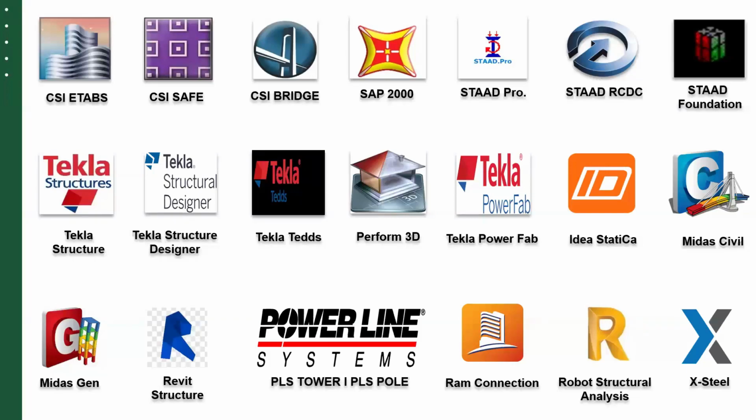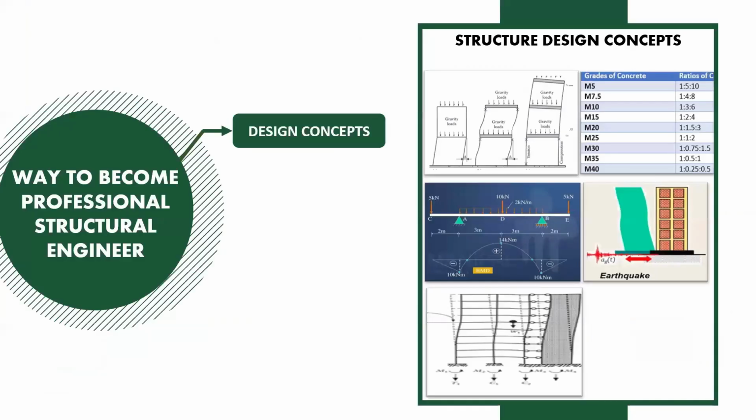So unless you have the knowledge and concept, you cannot go with the software. You cannot properly use the software. You cannot understand the algorithm of the software. What does the algorithm of the software mean? I will let you know later, right? So this is the second important thing, having the knowledge of structural concepts. What does the flexural response of the structure mean? So this is the second thing.